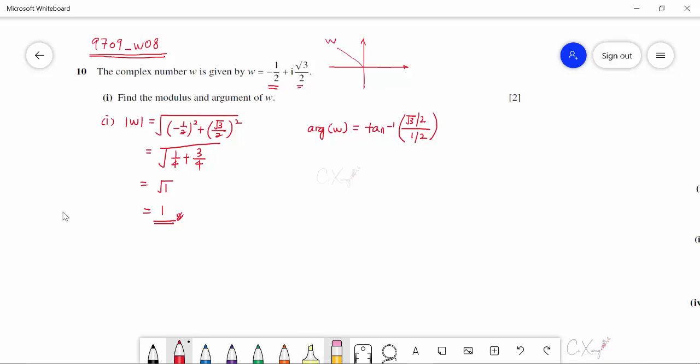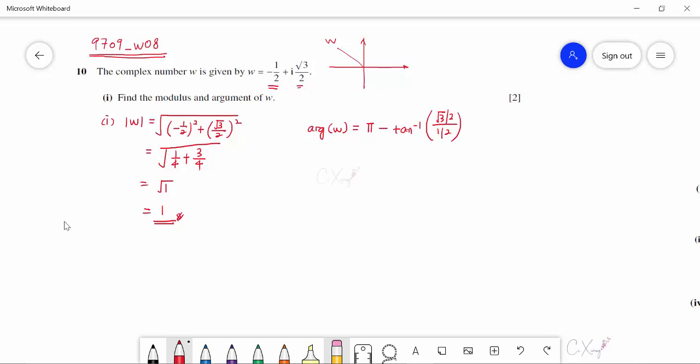For an answer in the second quadrant, if you want to get the argument, I will take pi minus the tangent inverse of square root 3 over 2 divided by 1 over 2.